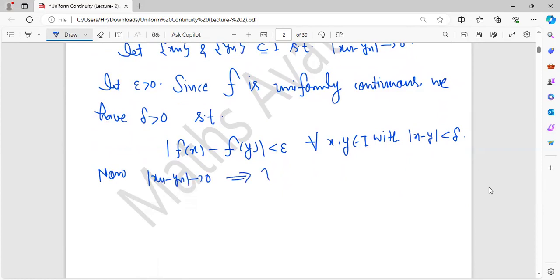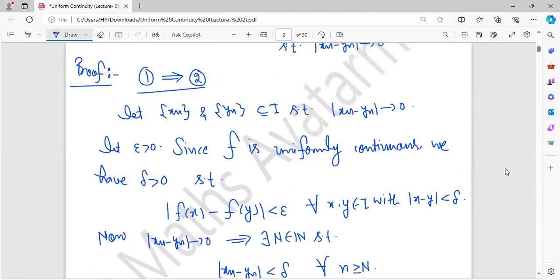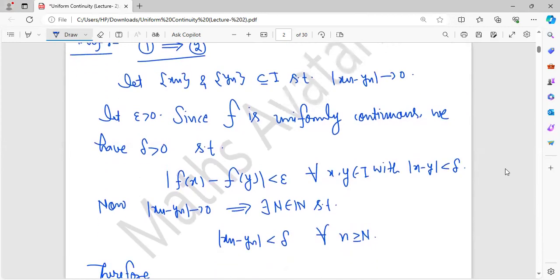This implies there exists a capital N belonging to the natural numbers such that the absolute value of xn minus yn is less than delta for all n greater than or equal to capital N. Let's call it equation number 1.